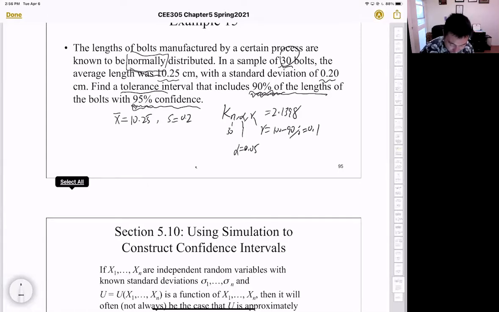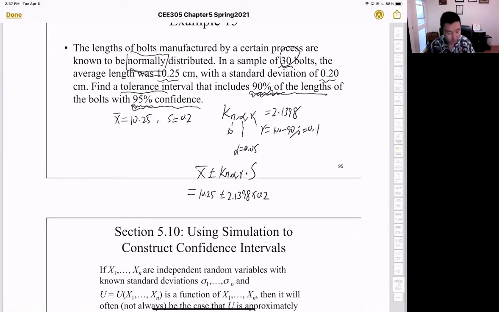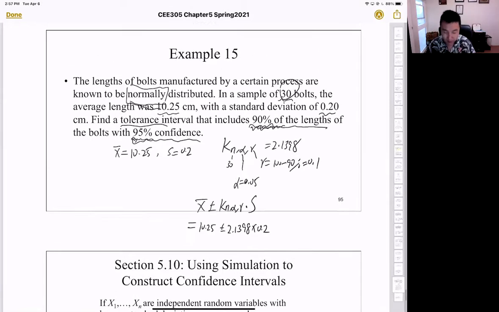So the tolerance interval will be calculated from that. All right, so that is the tolerance interval.